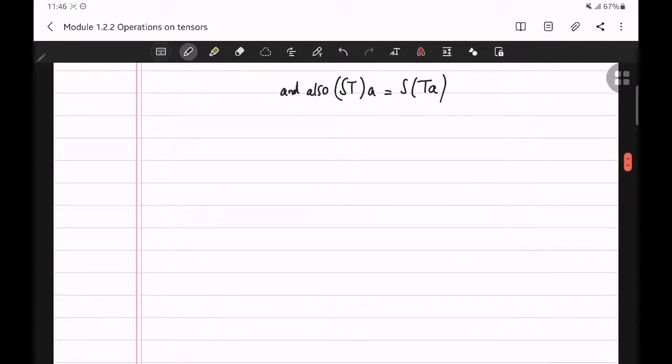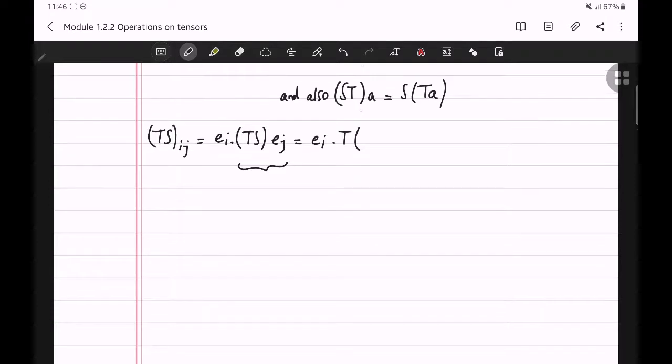If we have the product of two tensors, in indicial notation we can write (TS)ij as ei dot TS ej, which is equal to ei dot T(S ej), based on the definition we had here.